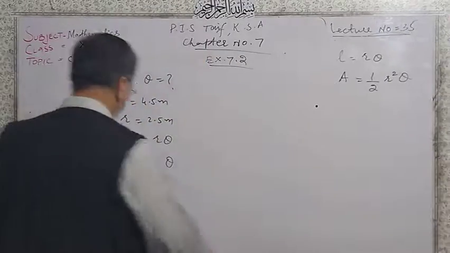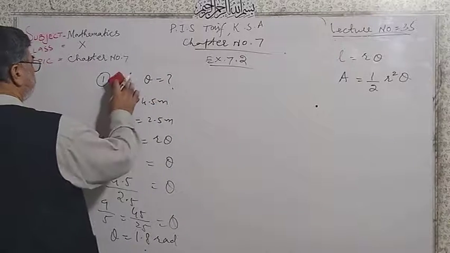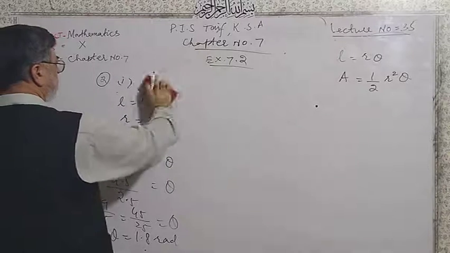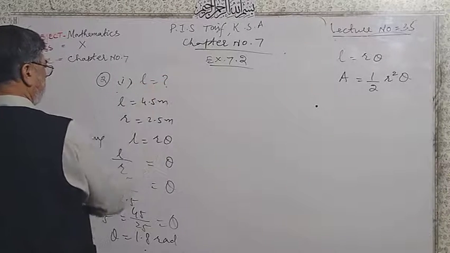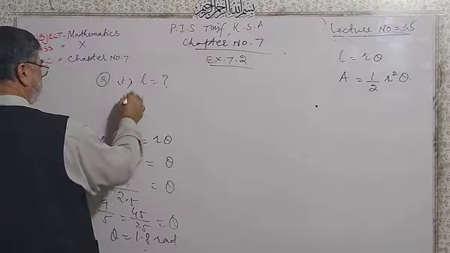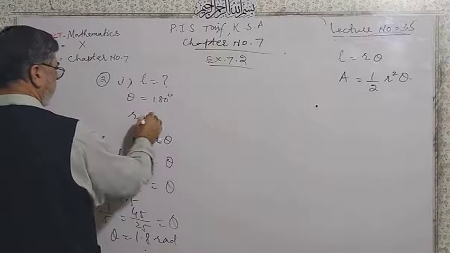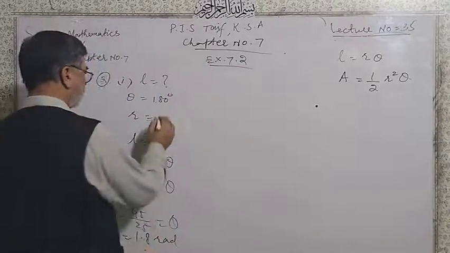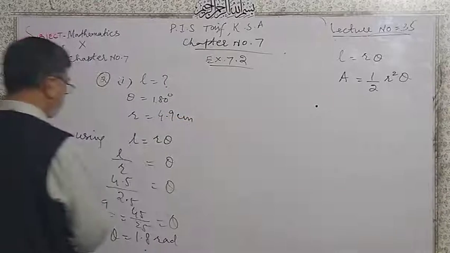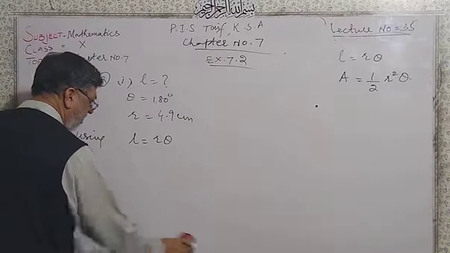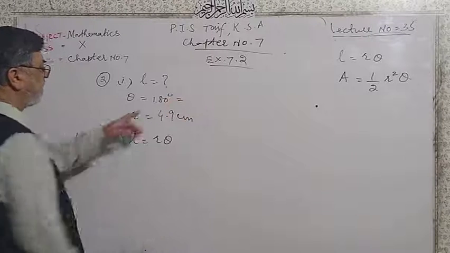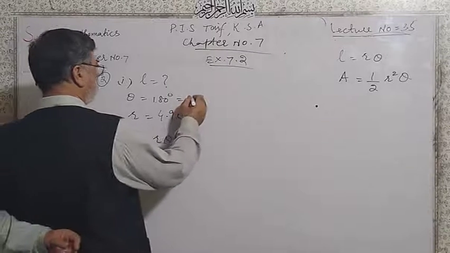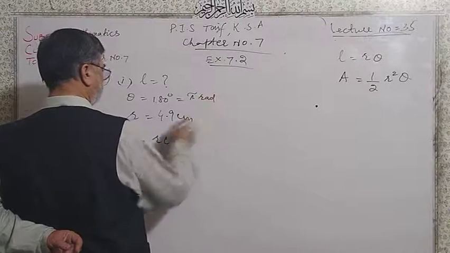Dear students, after that, question number 2, part 1. We have to find the value of L if theta is equal to 180 degree and R is equal to 4.9 centimeter. Using L is equal to R theta, same formula. But remember that this angle is in degrees. So 180 degree is actually equal to pi radian.